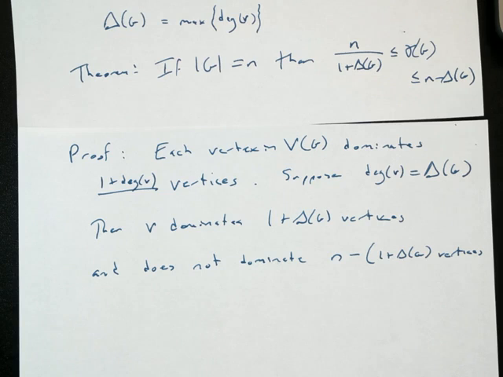So I would need to choose all of those, and v. And then I would dominate everything, wouldn't I?